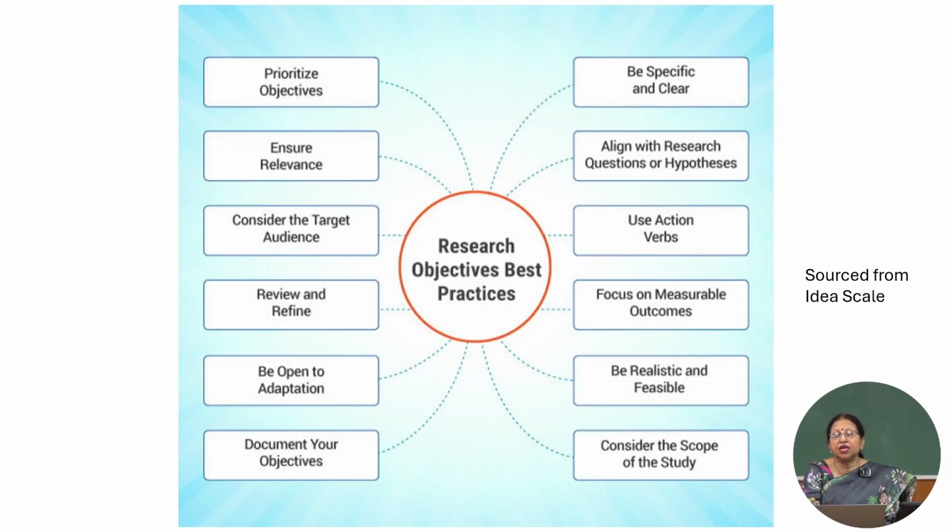Focus on measurable outcomes. Be open to adaptation. Be realistic and feasible. Document your objectives. Consider the scope of the study. So these are various parameters that you have to keep in mind when you are setting up your research objectives, and these are some of the best practices which help us to identify the same.